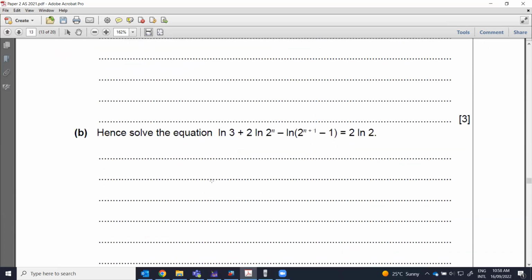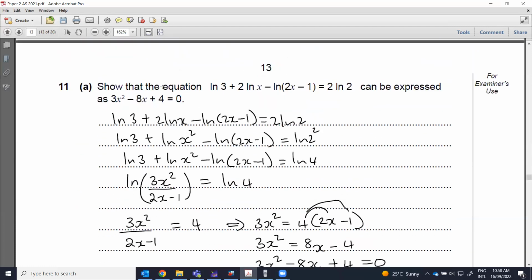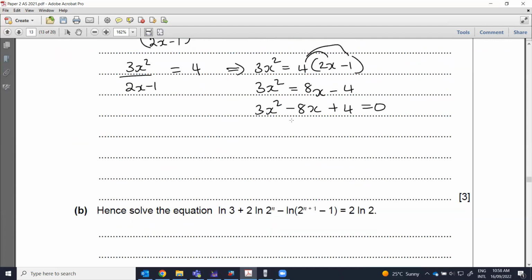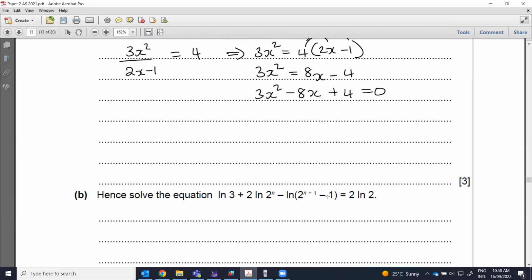Okay, now hence solve this equation over here. So you can see that this is similar to this question that we got over here. If you let 2 to the power of n equal to x, so here you'll have ln of 3 plus 2 ln of x minus, now this one, 2 to the power of n plus 1.